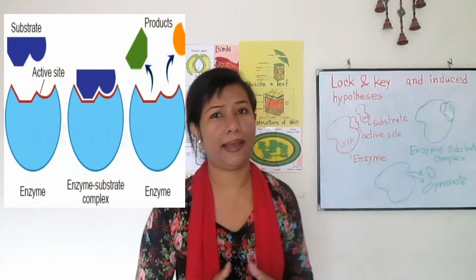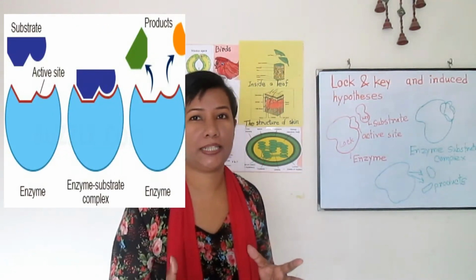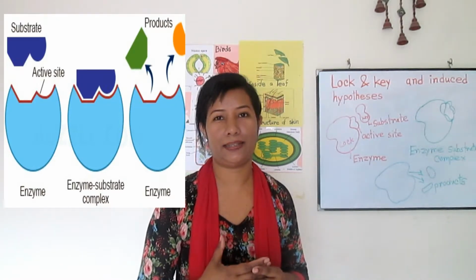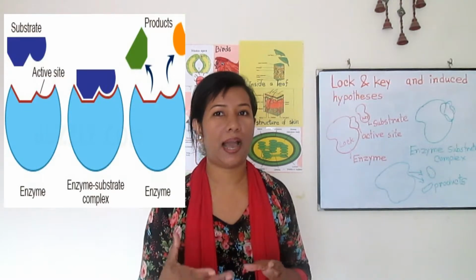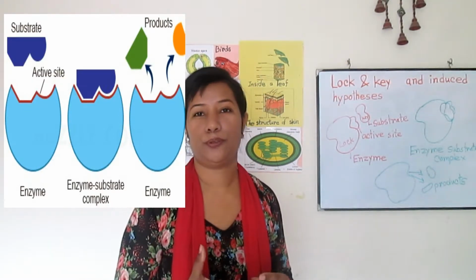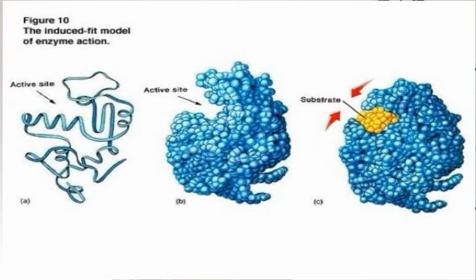Okay, and when the reaction is complete, the product or products leave the active site, and the enzyme is unchanged by this process. So it's now available to receive another substrate molecule. The rate at which a substrate molecule can bind to the enzyme's active site, be formed into products and leave can be very rapid.